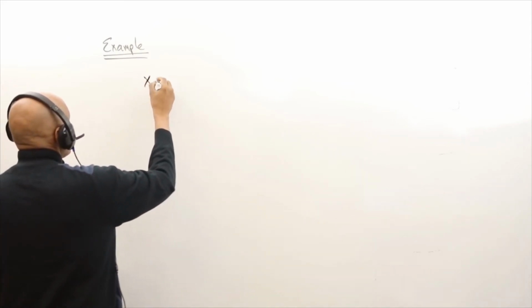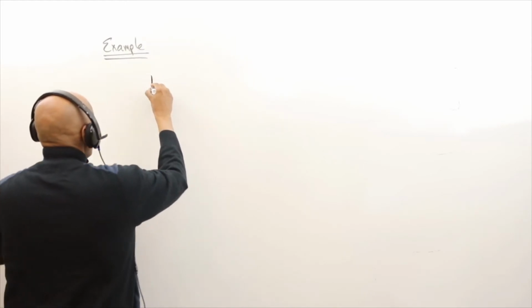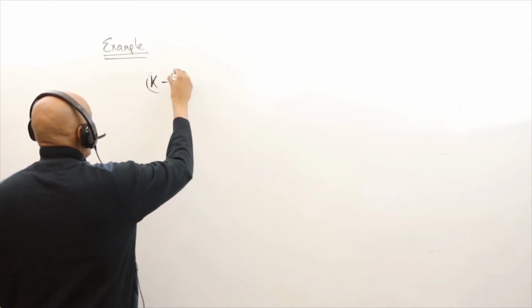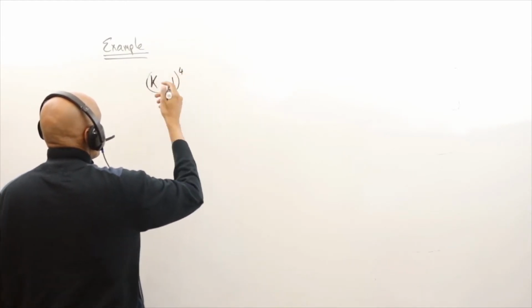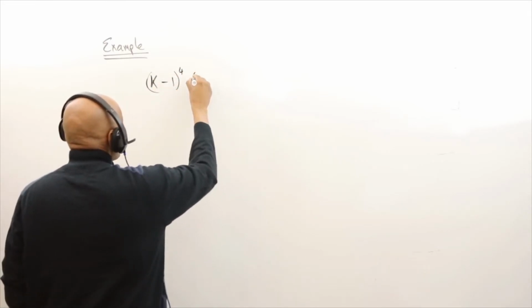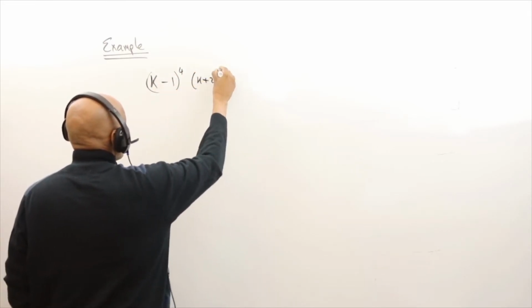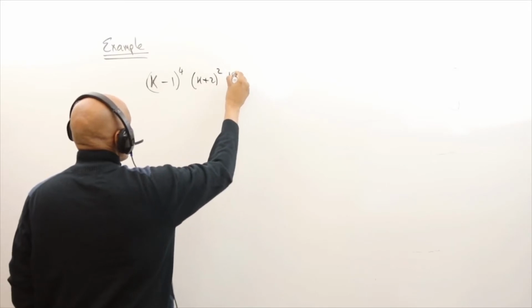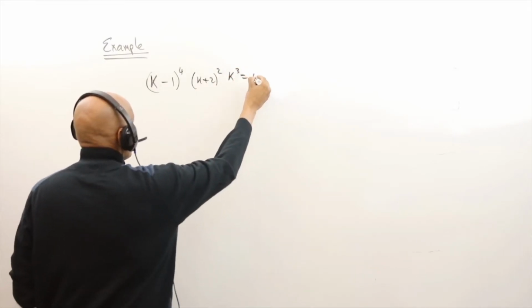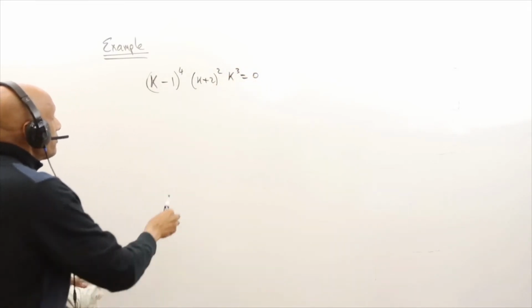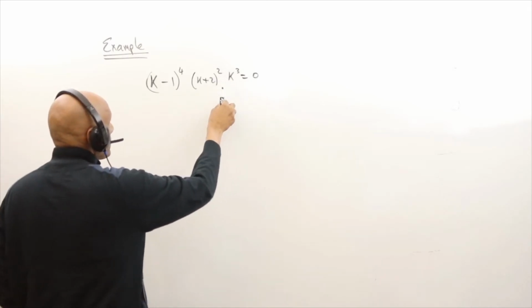So let's assume that we have k minus 1 to the power 4, times k plus 2 squared, times k cubed. So we're talking about 4 plus 2 is 6, 6 plus 3 is 9.